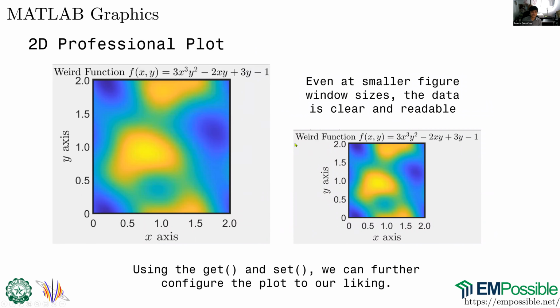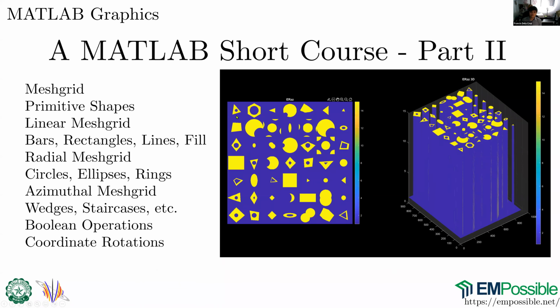Okay, so we just finished our introduction to MATLAB graphics, our 1D graphics and 2D graphics session. And next time, once we launch the short course part 2, we're going to create shapes. So we have the MATLAB short course part 2, which is building geometries into data array.